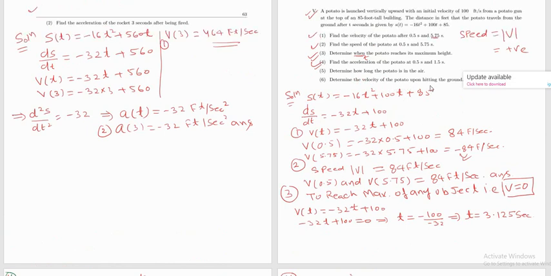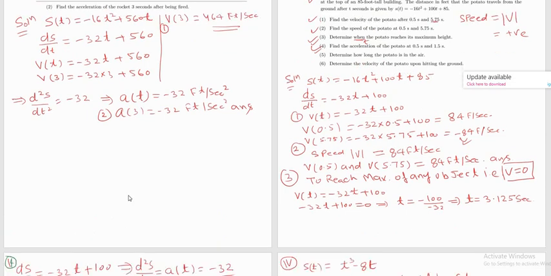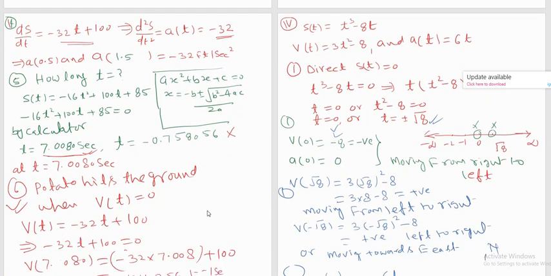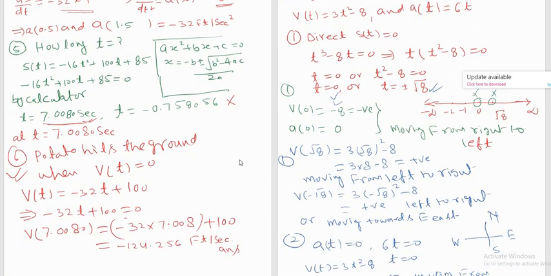Determine the velocity of the potato upon hitting the ground. Hitting the ground means it will reach the ground. If it is coming from up to down, then when it reaches that point we need to check what the velocity is.